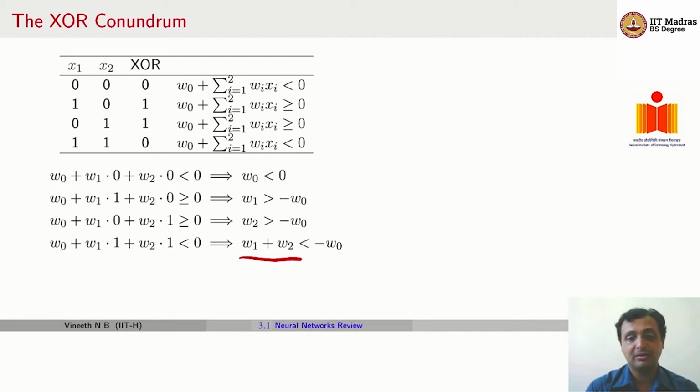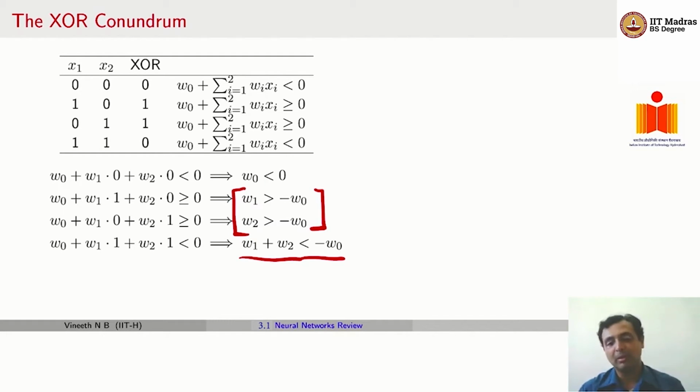It's quite clear here that because W1 and W2 will be positive, W1 plus W2 cannot be less than minus W0, because we know that individually each of them is greater than minus W0, which itself is a positive number, since W0 by itself is a negative number.